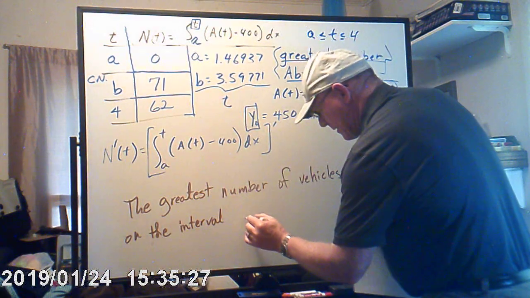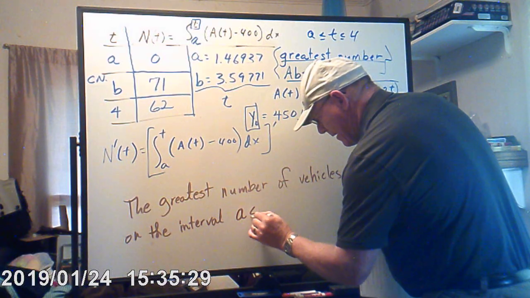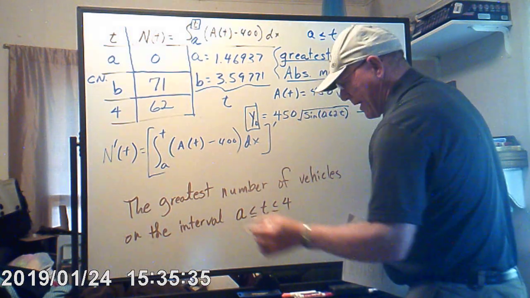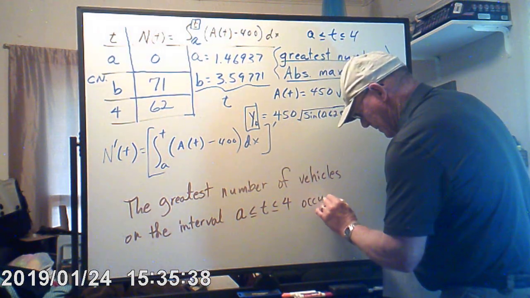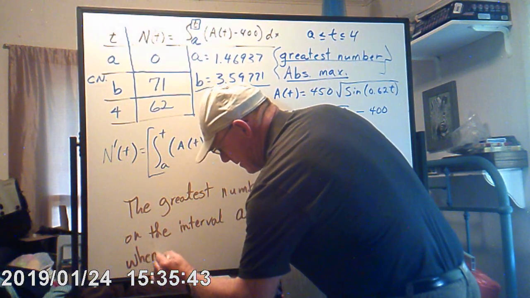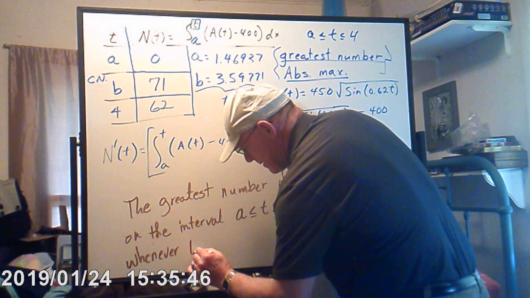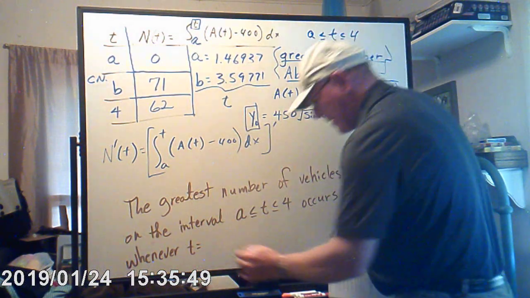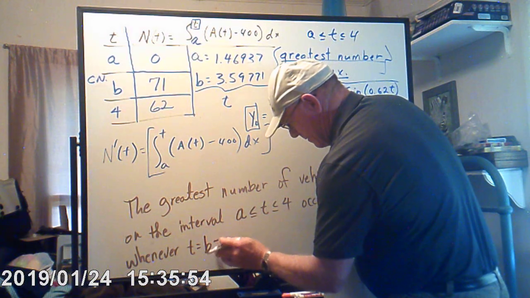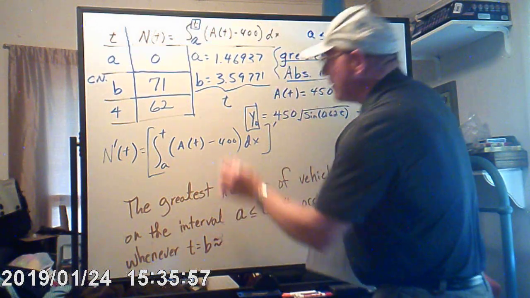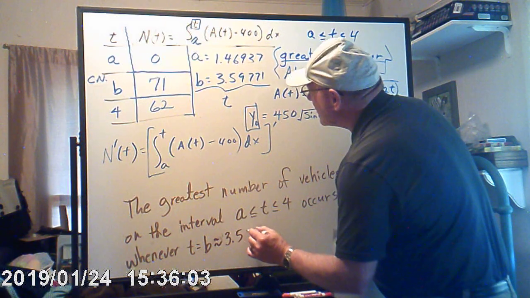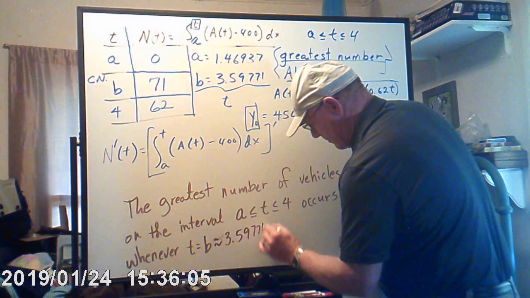Let's see. Well, A to 4 occurs whenever T is equal to B, which is about equal to 3.59771.